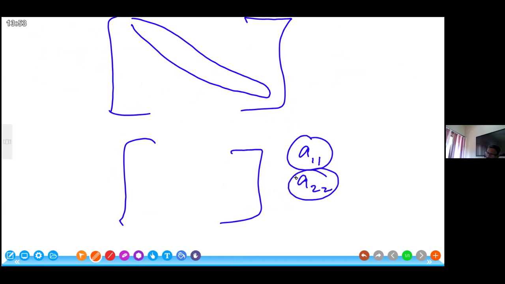A22 is a diagonal. A33 is a diagonal. So these are main diagonals: A11, A22, A33, up to Ann.